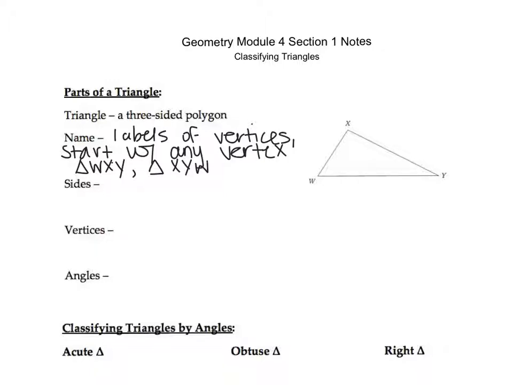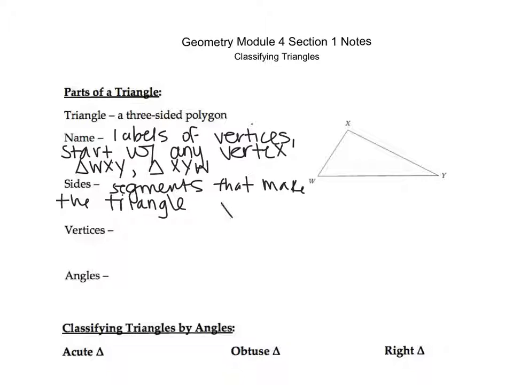Next, we have the sides of a triangle, which are the segments that make the triangle. And since a triangle has three sides, there are three segments that make the triangle.